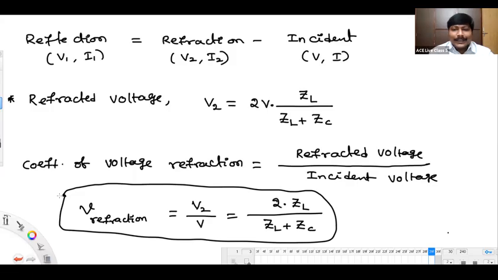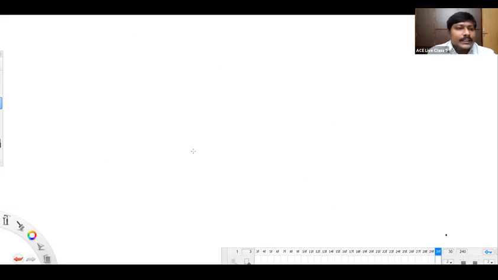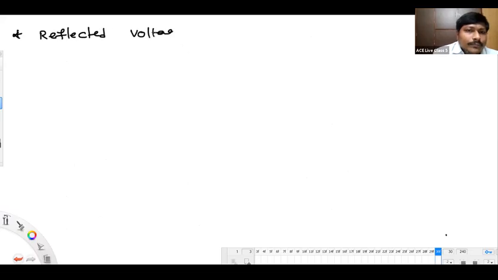Next thing, let's take reflected voltage. Let's complete voltage, then we will go for current. Reflected voltage is the next term we are naming. Reflected voltage V1, which is refracted voltage minus incident.